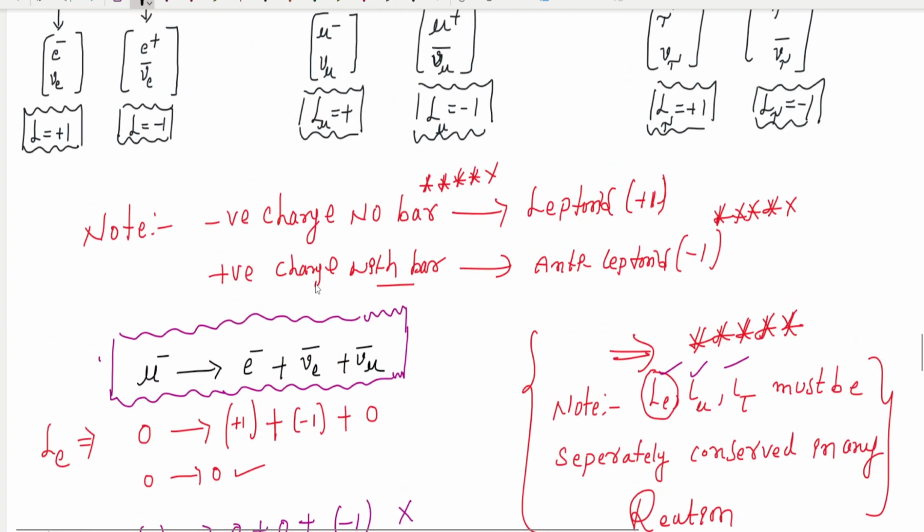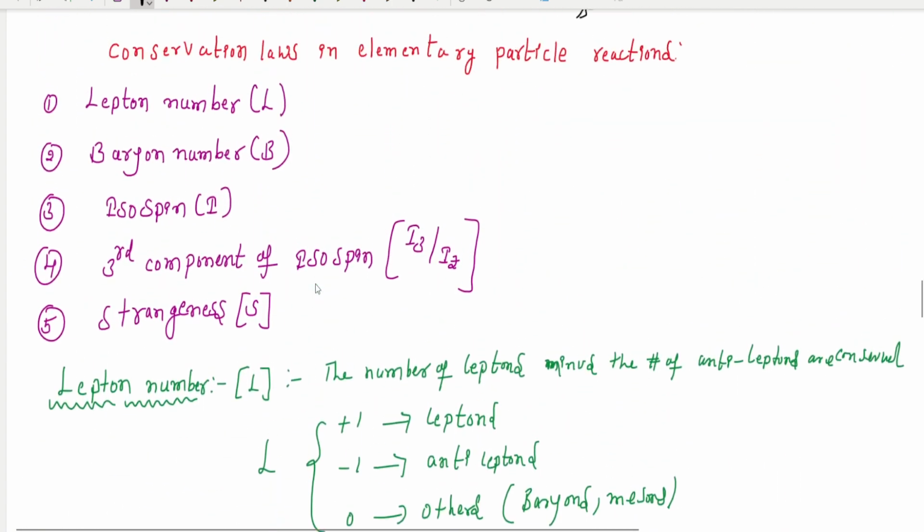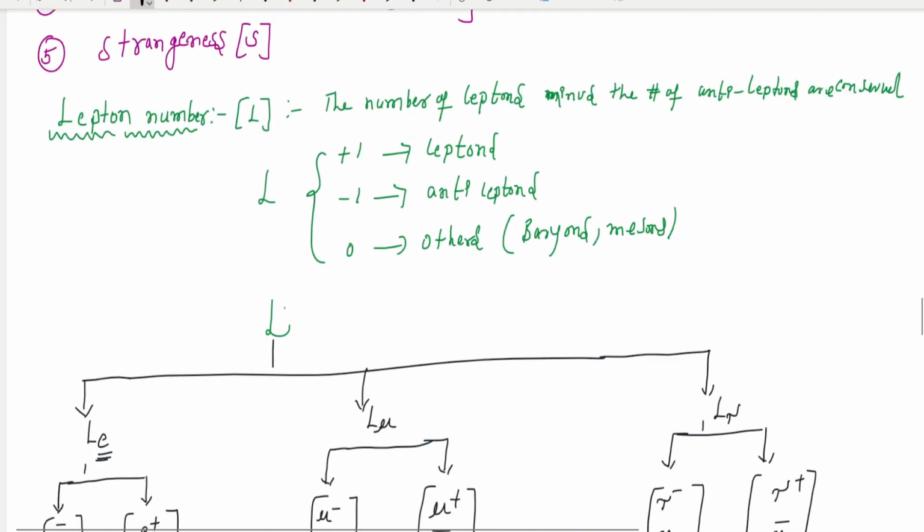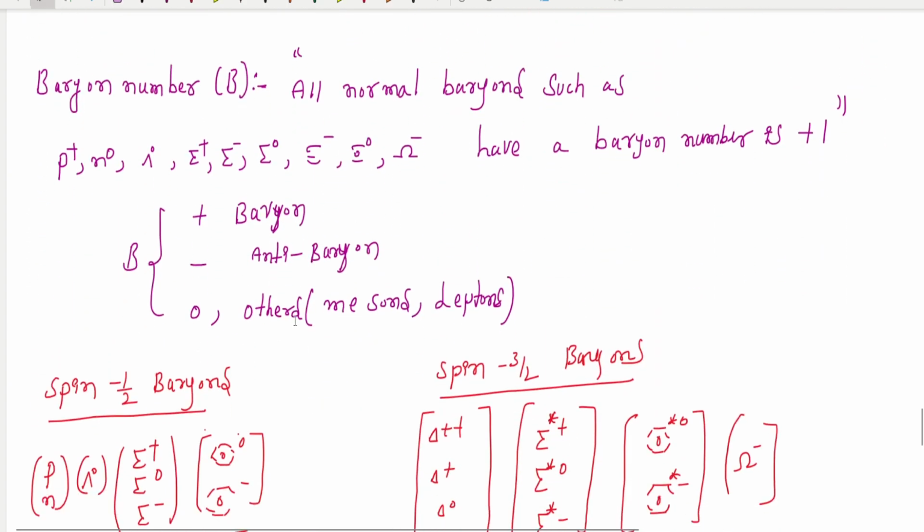The next conservation law is isospin, very important. This is the third conservation law.